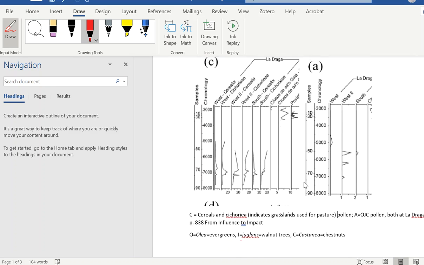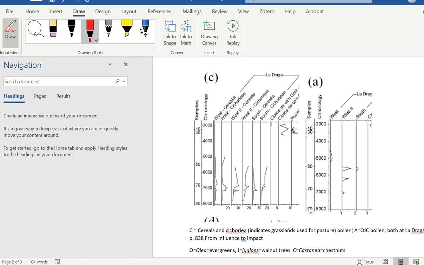Okay, let's look at this chart. Now again, I've moved these charts around from the article. So, in C, which is here, I pulled the same from the same site, La Draga. You're looking at cereal pollen, and then the pollen for plants that tend to be growing after you break up the ground.